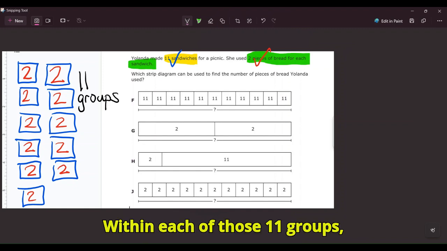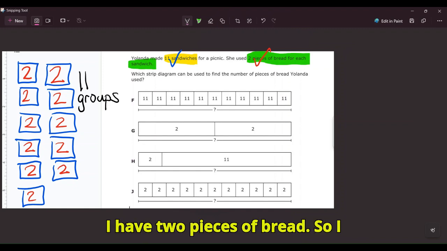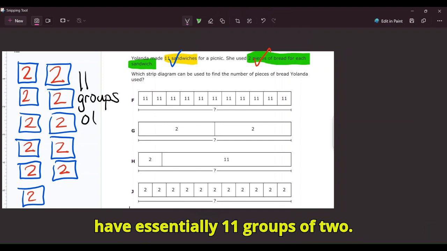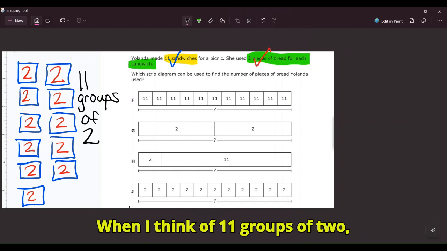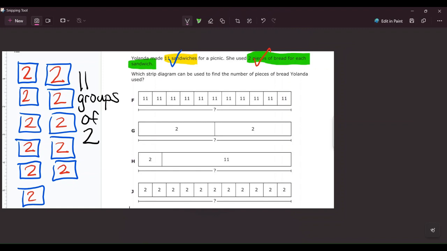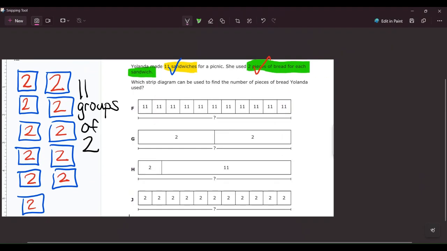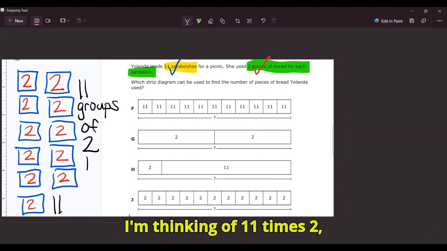Within each of those 11 groups, I have two pieces of bread. So I have essentially 11 groups of two. When I think of 11 groups of two, I'm thinking of 11 times 2.